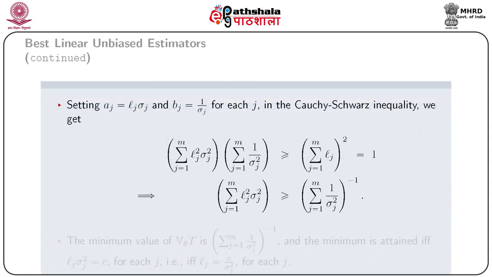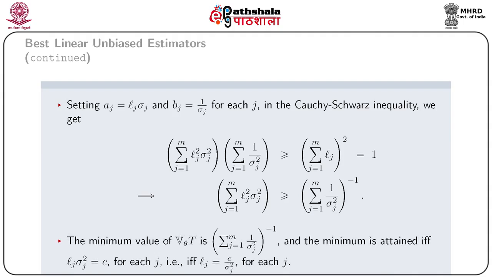Now setting ai equals li into σi and bi equals 1 by σi for all i, we get summation over i from 1 to k of li² σi² is greater than or equal to 1 by summation over i from 1 to k of 1 by σi², since summation li equals 1.